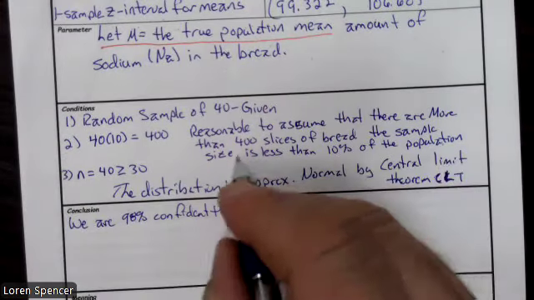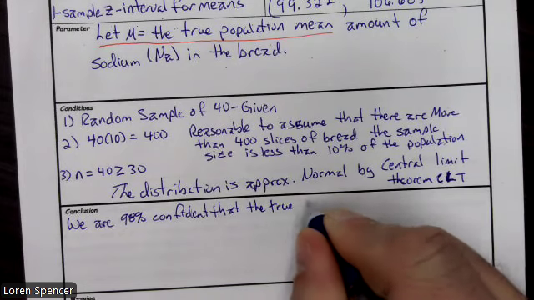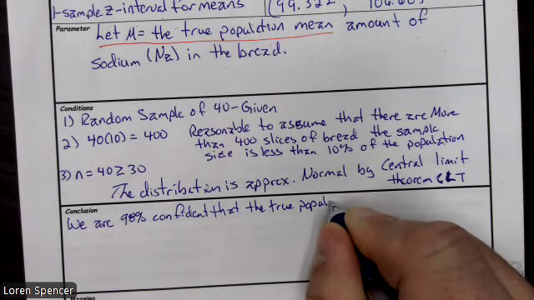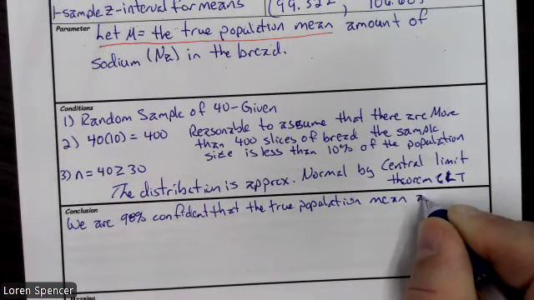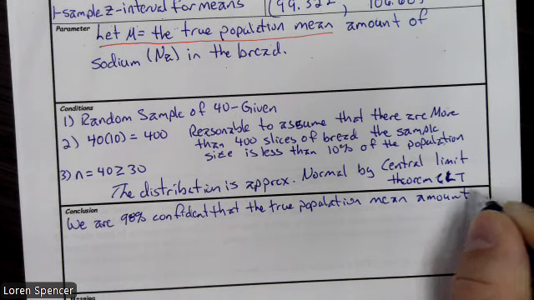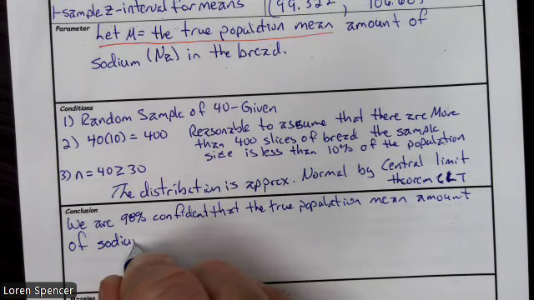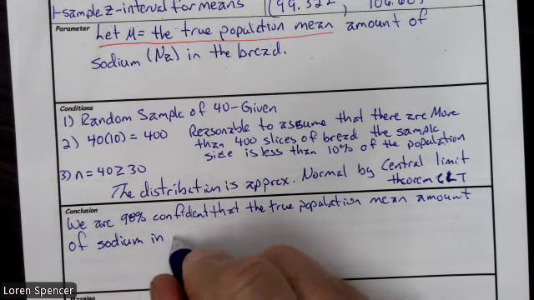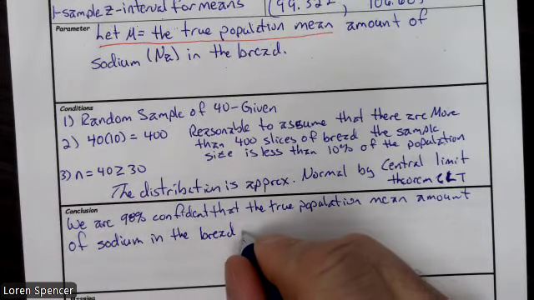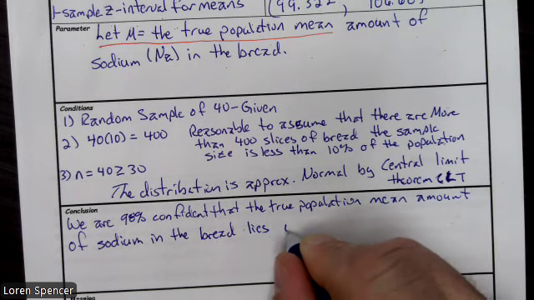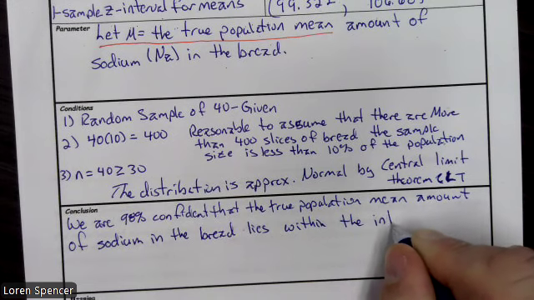The true population mean amount of sodium in the bread lies within the interval.